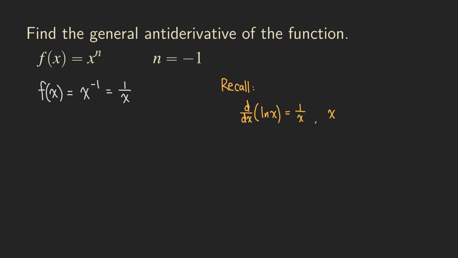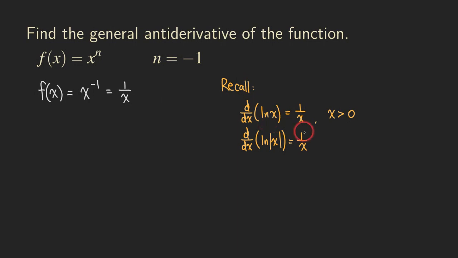And of course, that's assuming that x is positive. Now there is another function that will also give us the same function when we take its derivative, and that function is ln of absolute value of x. When we do that, we get the derivative as 1 over x.